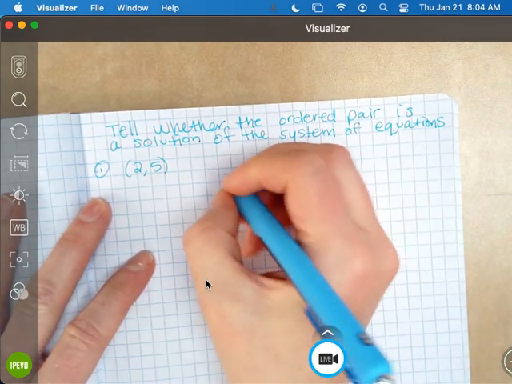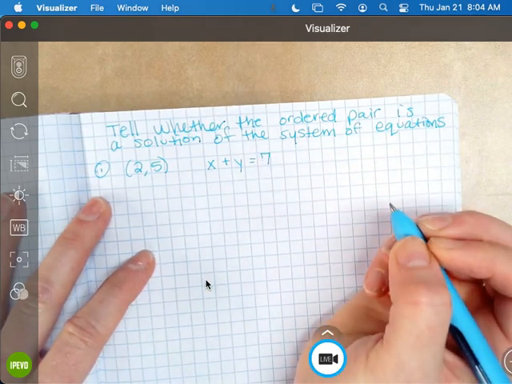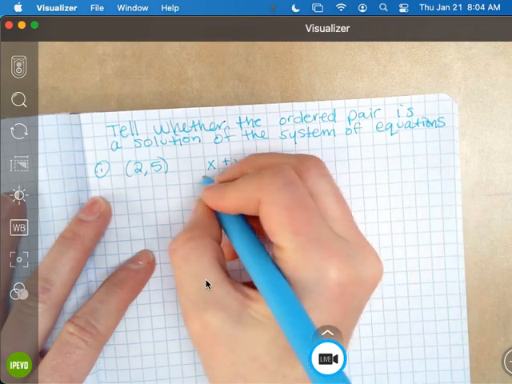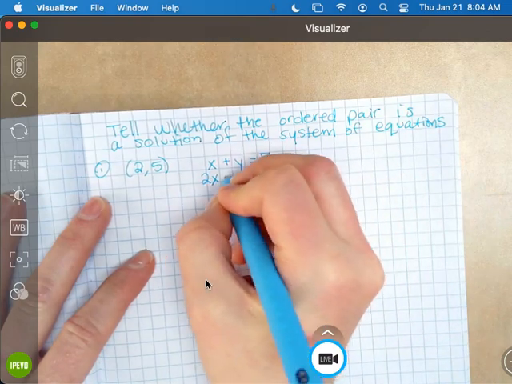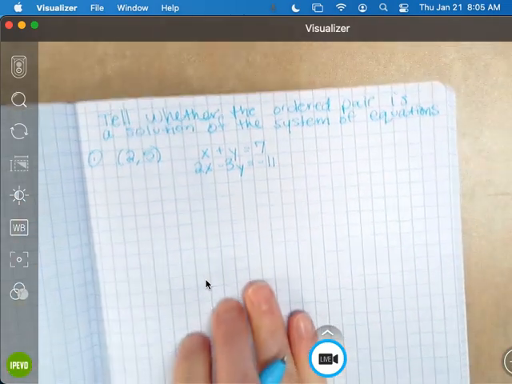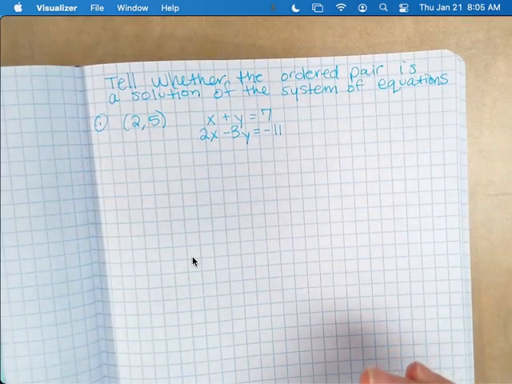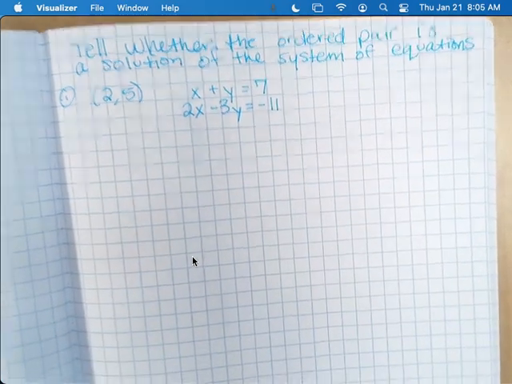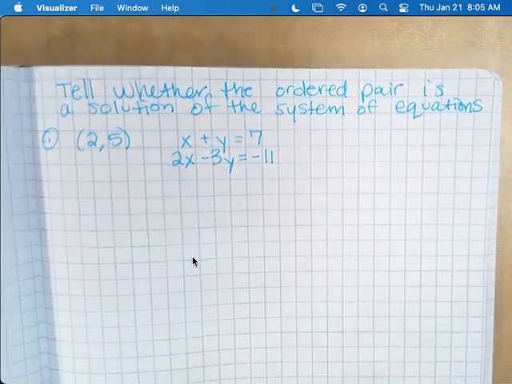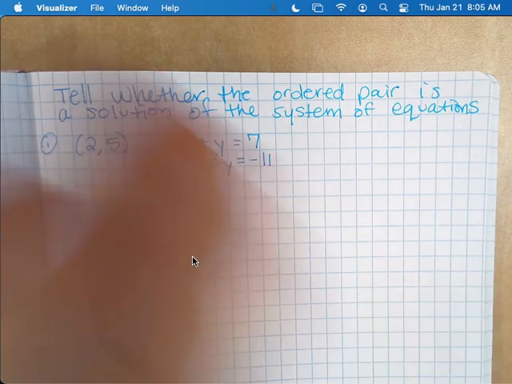And here is our system: x plus y equals 7, and 2x minus 3y equals negative 11. If it is a solution, it'll make both equations true.